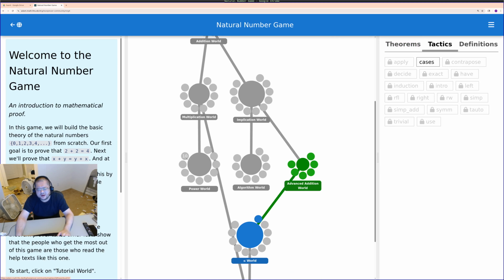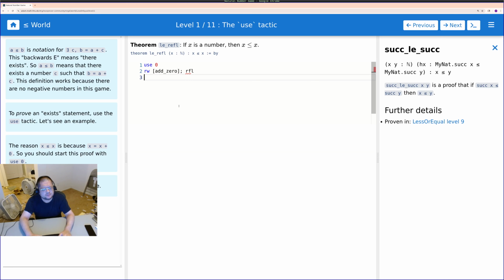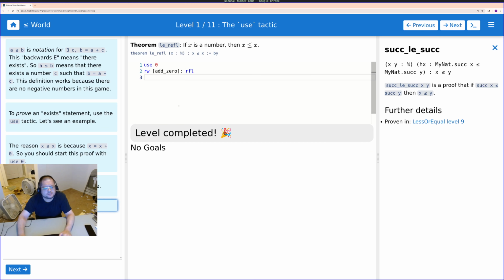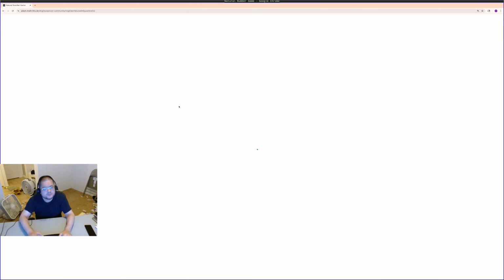Okay. Alright, we are now going to do Inequality World. This can be just use 0, and we'll just do use x.